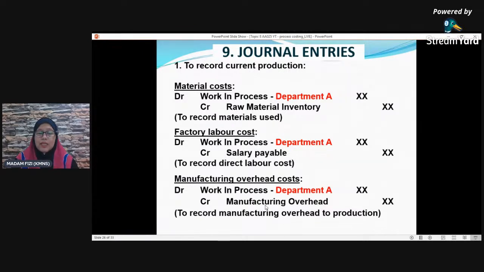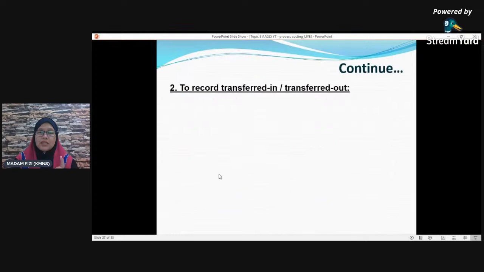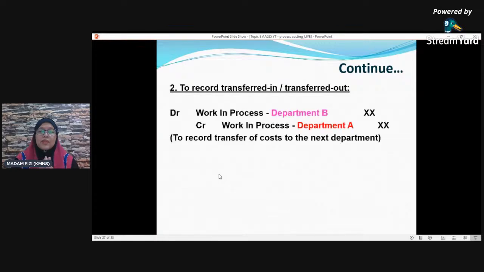Then where do we go next? This is department A, and then it will transfer to department B. So there is a journal to record the transferred in and transferred out. Debit work in process Department B, because now we transfer from Department A into Department B, and credit work in process Department A. Can you see?